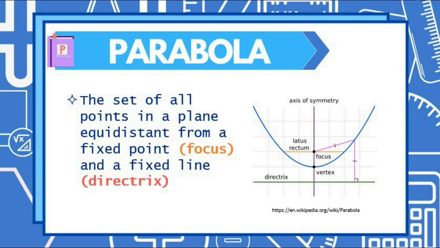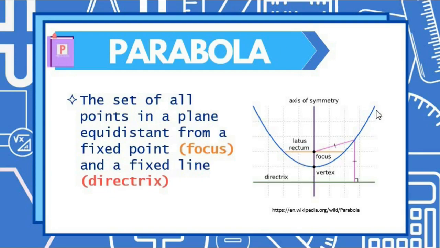Shown here on the right is an illustration of a parabola, and the fixed point or focus mentioned in the definition pertains to this point, whereas the fixed line mentioned, or the directrix, pertains to this horizontal green line. So to explain the definition, we refer to this curve.